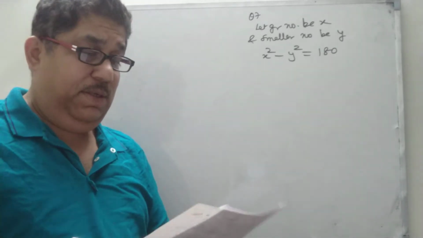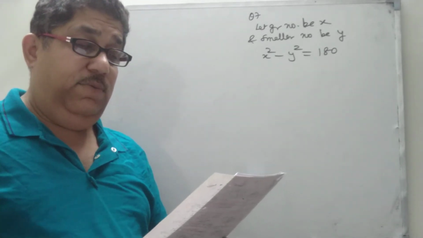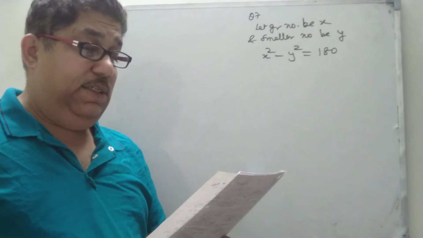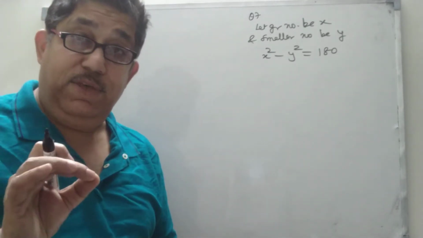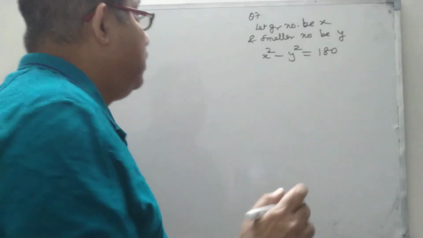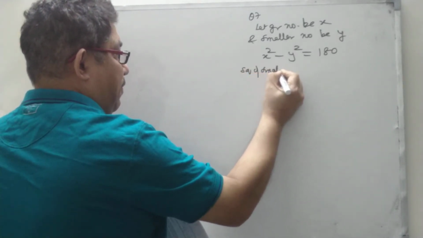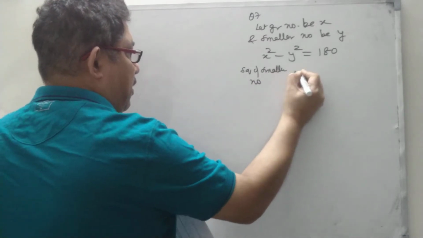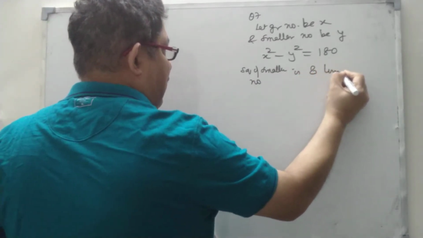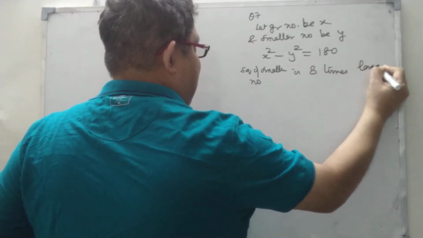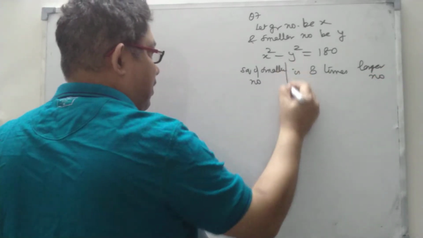Something might come. The square of the smaller number is 8 times the larger number. Very interesting phrase. Square of smaller number is 8 times larger number.